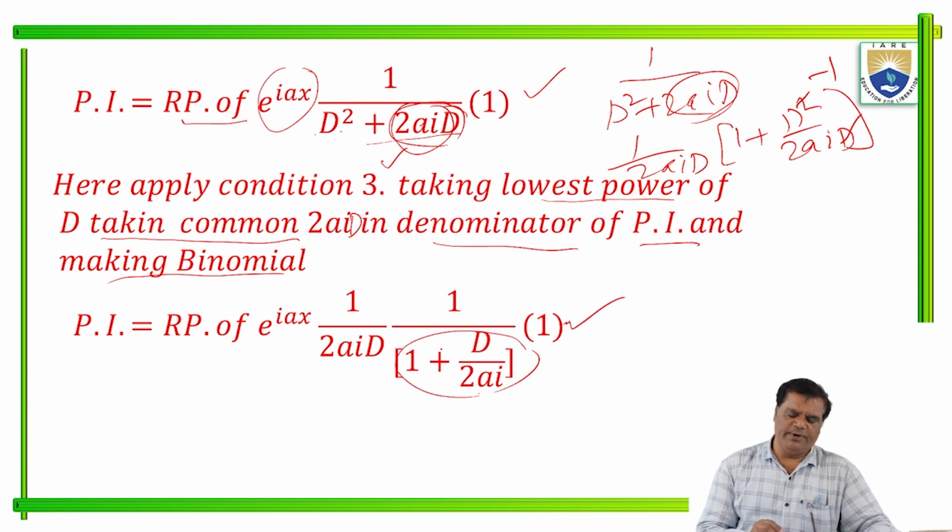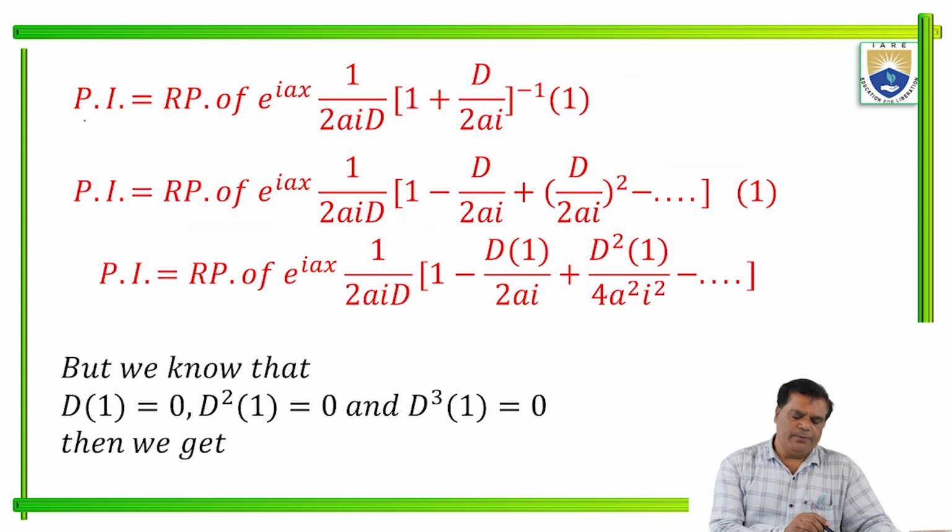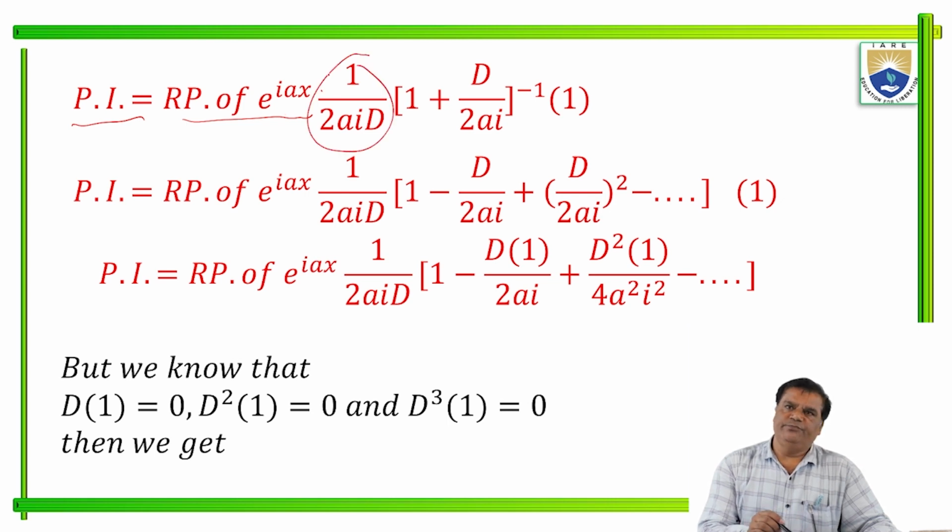This is in the denominator; if we write it in the numerator, we take the power minus 1, converting it to the inverse. The particular integral is the real part of e to the power iax into 1 upon 2aid, times 1 plus d upon 2ai whole to the power minus 1, and this is a constant function.